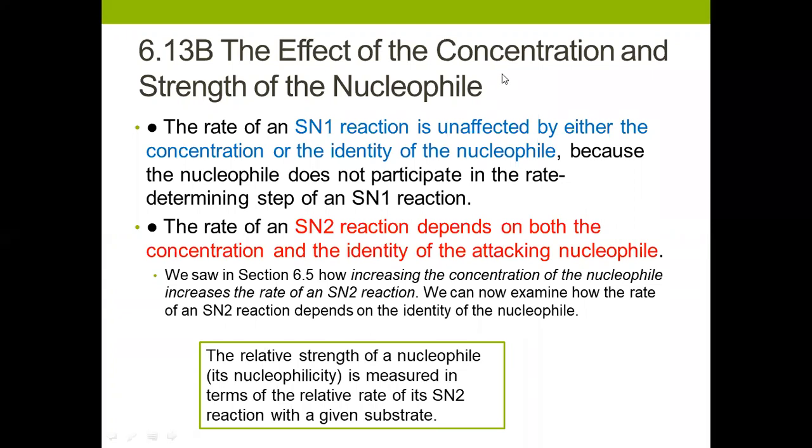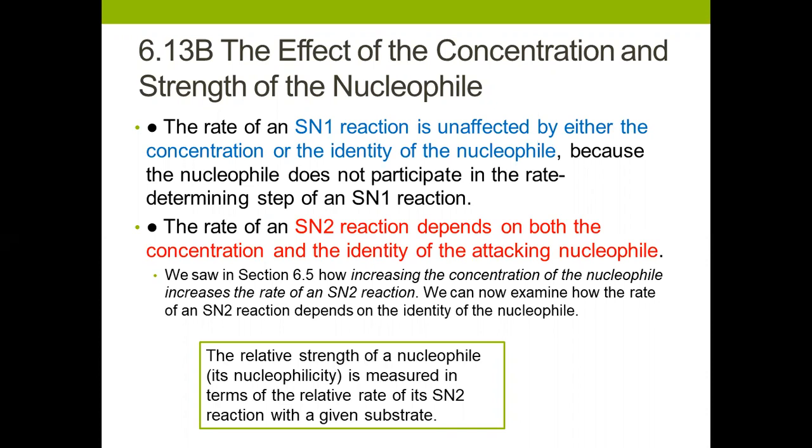But for the SN1 reaction, the rate of the reaction is only dependent on the concentration of the substrate, the concentration of your alkyl halide. So in this case, it is not affected by the nucleophile.